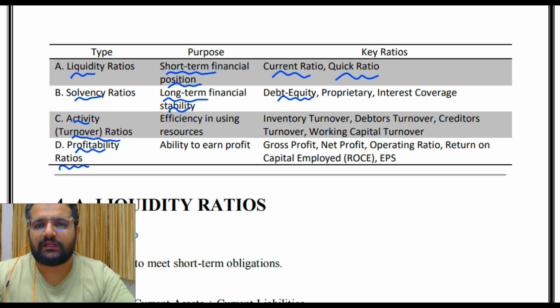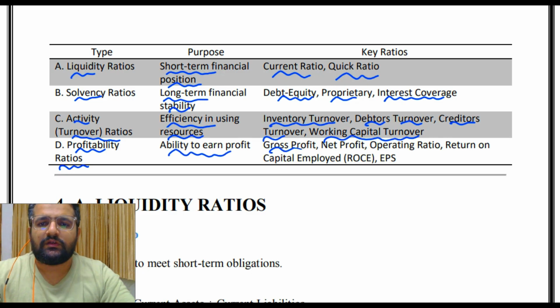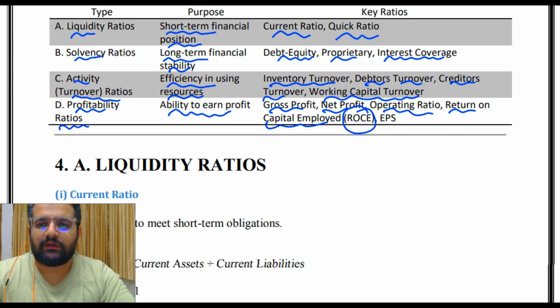Key ratios: debt equity, proprietary or interest coverage. Then activity or turnover ratios, efficiency in using resources: inventory turnover, debtors turnover, creditors turnover, working capital turnover. Then profitability ratio, ability to earn profit: gross profit, net profit, operating ratio, return on capital employed, that is ROCE, and EPS.